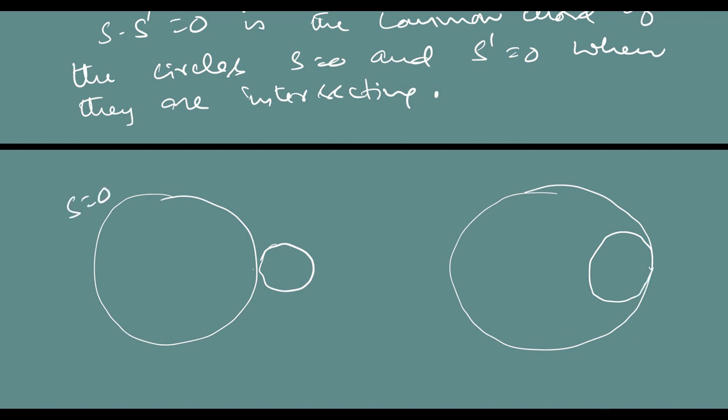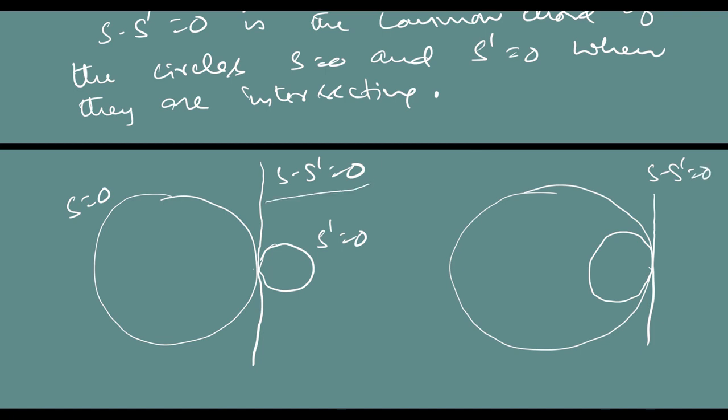If this is S equal to 0 and this is S dash equal to 0, then we know that this common tangent is nothing but S minus S dash equal to 0. And here also it is nothing but S minus S dash equal to 0. But now we see that this is nothing but their radical axis. Therefore, if the circles are touching, then the radical axis coincides with the common tangent at the common point.